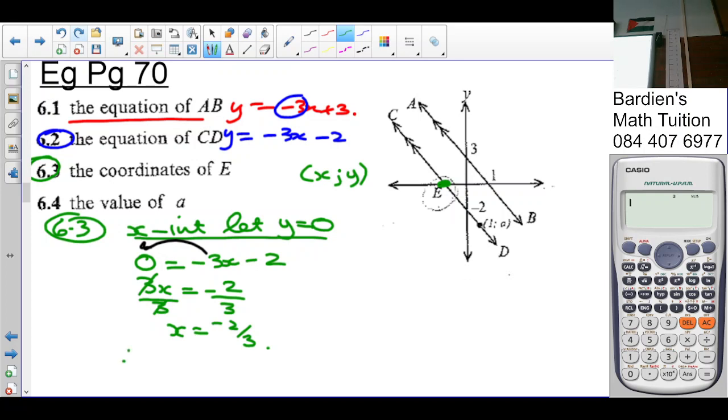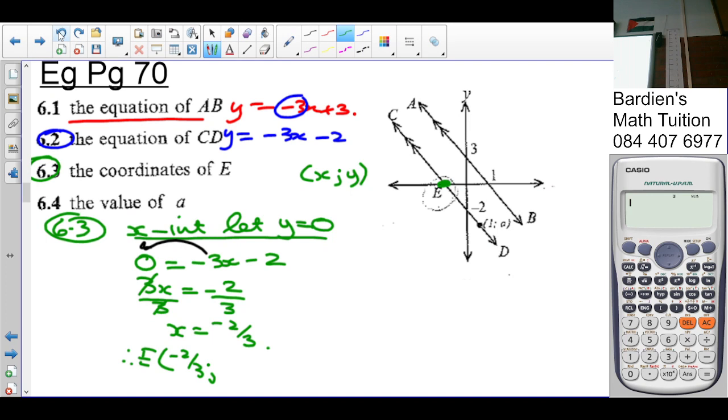So E would simply be negative 2 over 3. And what's your y value on this x-axis? What's your y value on this line?